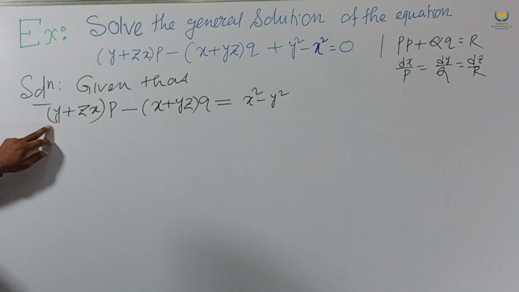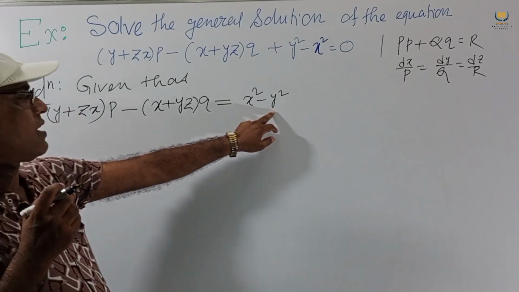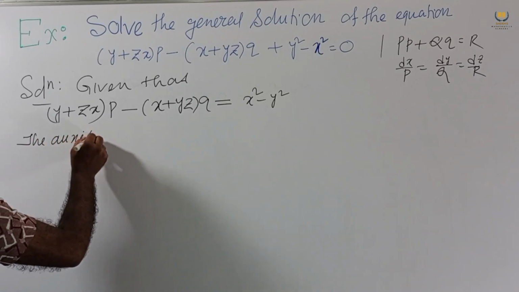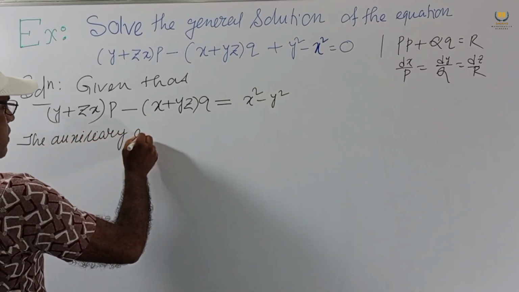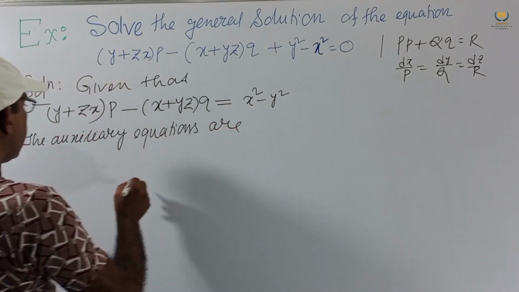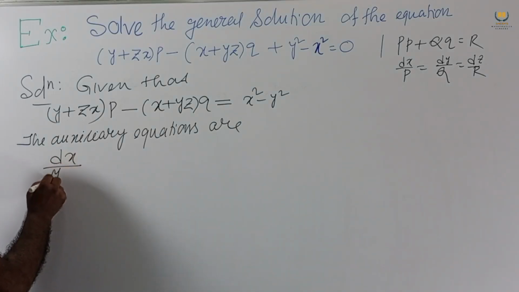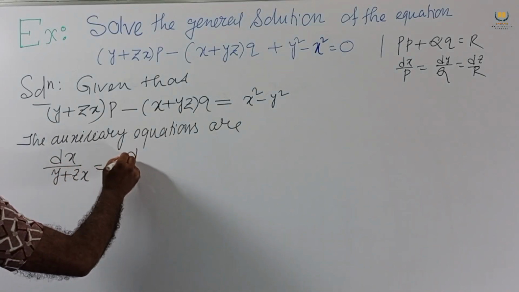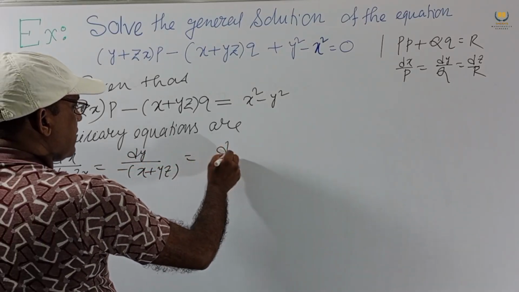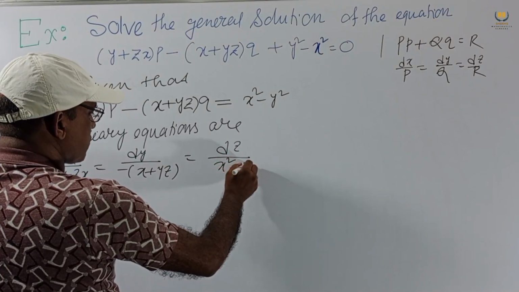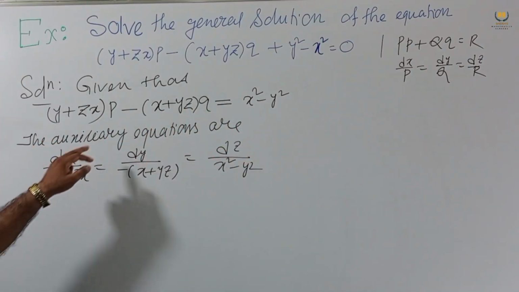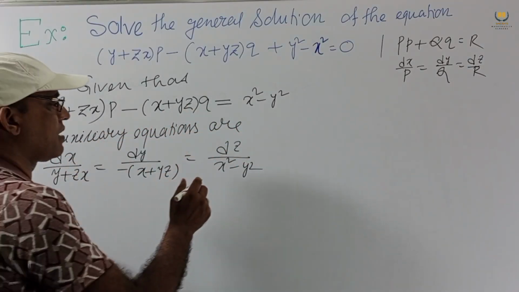So here this one is P, this is Q, and this one is R. The auxiliary equations are dx/(y + zx) = dy/(−(x + yz)) = dz/(x² − y²). This is number 1 we consider.